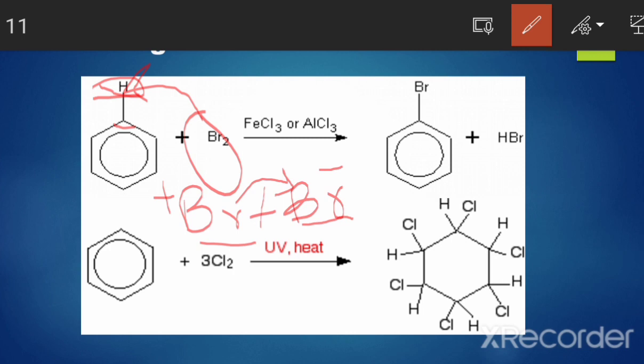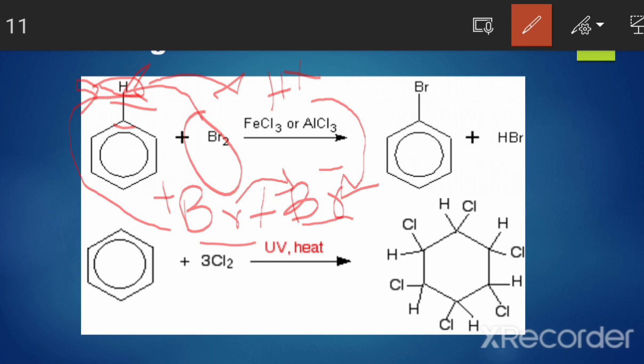So the negative ion and the hydrogen that the bromine replaces will have H positive ion. So it will form a bond with the negative bromine, and the positive bromine will replace this proton hydrogen atom.